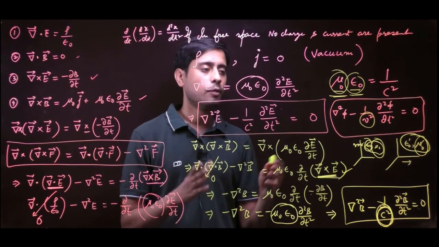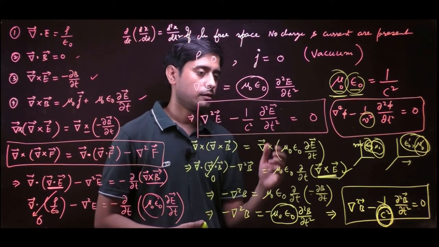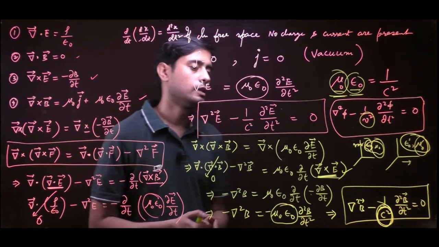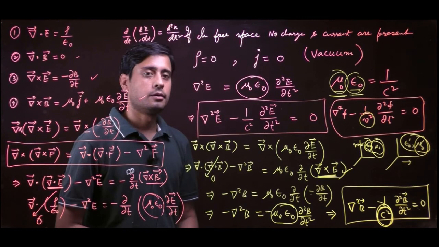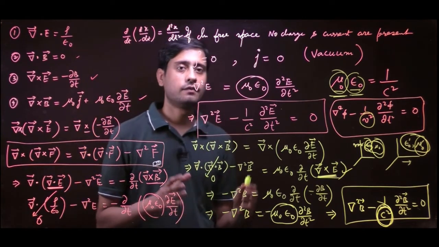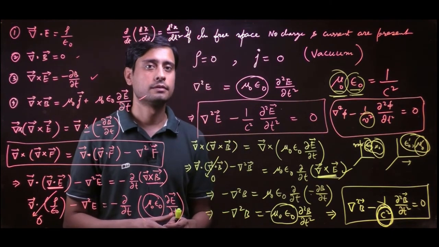Einstein was the first person, you can say, who was able to see that these equations are giving results which say that there must be a different kind of transformation which we need to find.